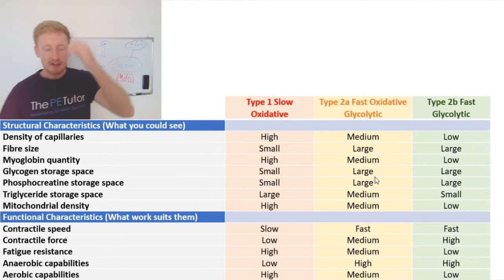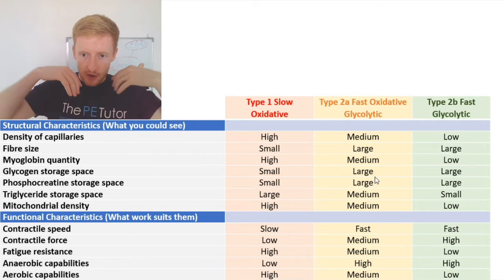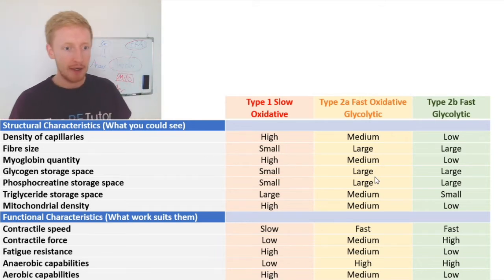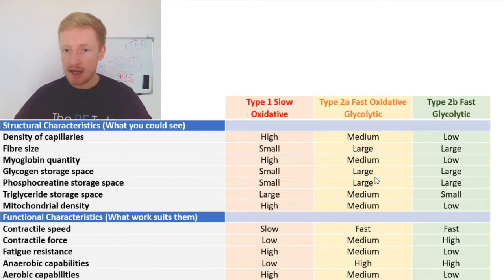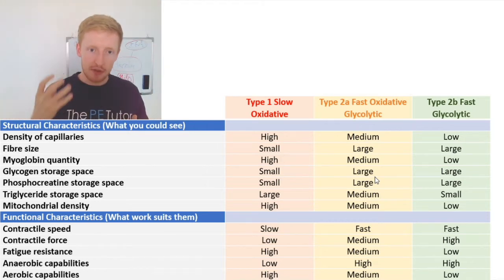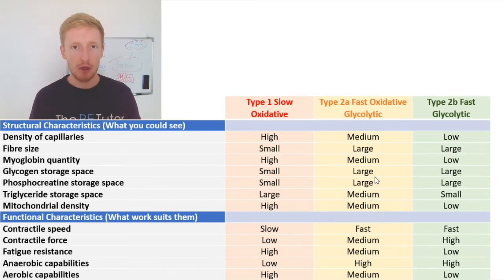Right, so what you can see on the right-hand side of the screen then is the differences. I know that we've recapped these before, but just to recap them now. If we take a look at just the words that have been used, high, medium, low, small, medium, large, it's easier to remember the differences between these fibre types if we just think of this table, or any table.